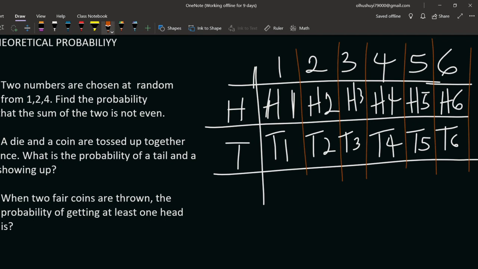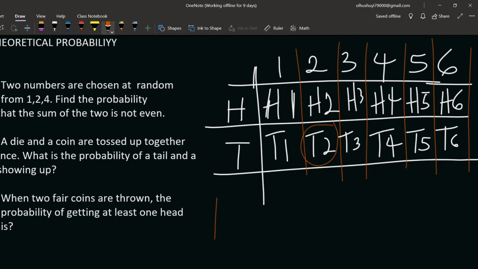Now the question is, what's the probability of a tail and 2 showing? A tail and 2. I only have 1. This is a tail and 2. How many of that? You only have 1, out of 6 times 2, we have 12.